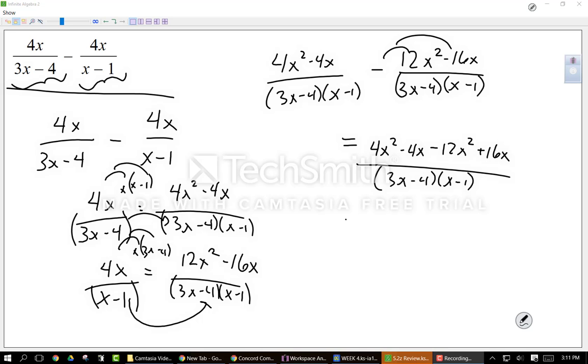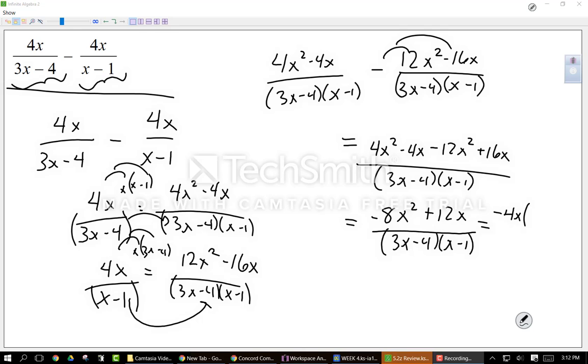But then this negative gets distributed, so it's minus 12x squared plus 16x. So what can I do? Well, I can combine like terms. So I get negative 8x squared plus 12x over 3x minus 4 times x minus 1. Well, I'm not done yet. What can I do? If I look up top, I can pull out a negative 4x from both terms.